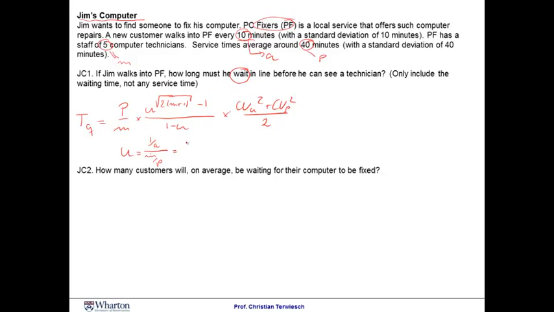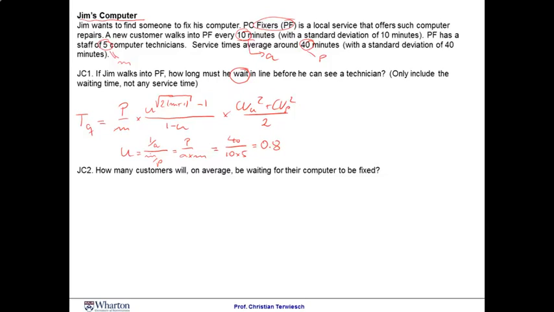And so that simplifies to p divided by a times m. In this case, we have a p of 40 divided by 10 times 5. So that is 40 by 50, or 0.8 utilization.